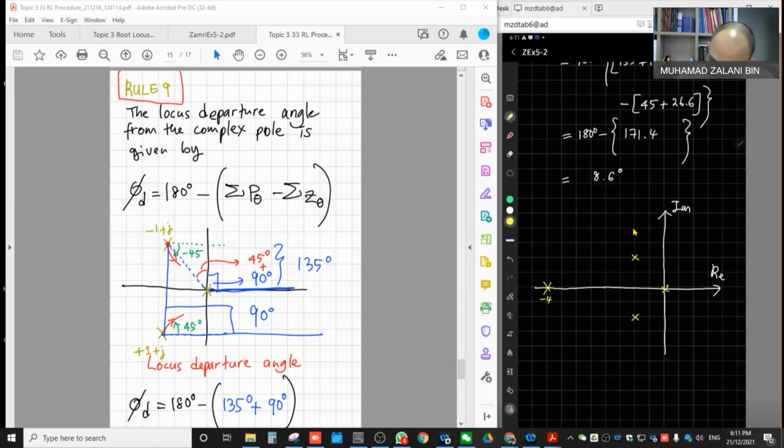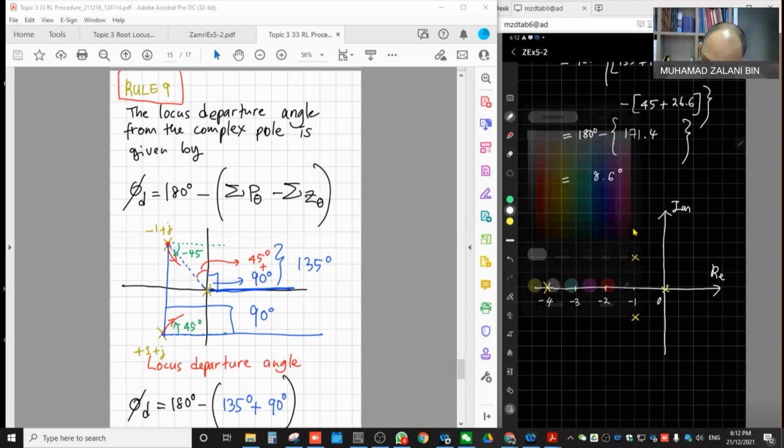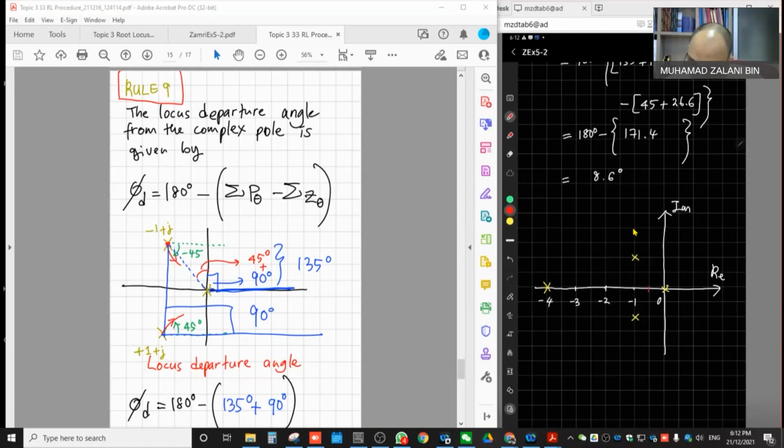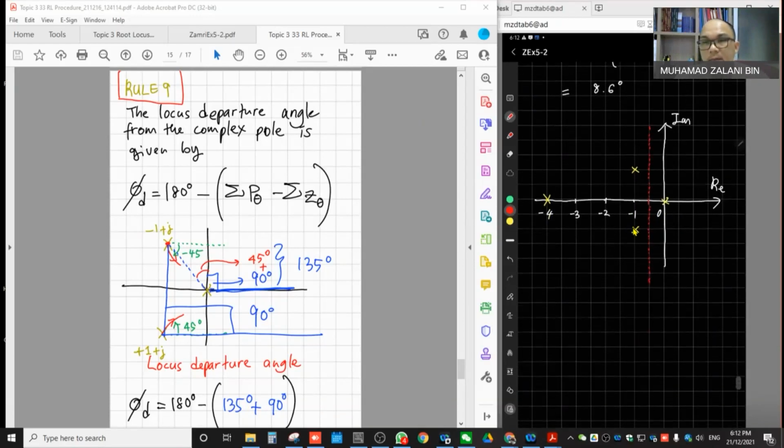Another pole location. -4 here. -3, -2, -1. This is 0. Okay. And then we have the centroid around there, and the asymptotes. You can have a look that I am drawing the asymptotes, the straight lines there.